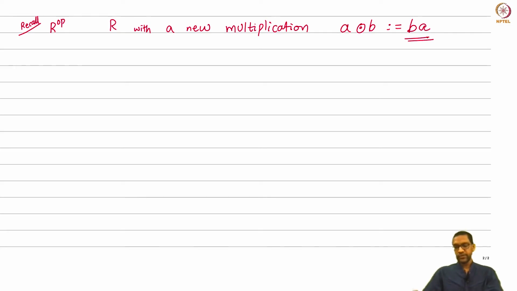The ring R with this new multiplication is usually denoted R op. The addition is the same, the multiplication is in the opposite order.